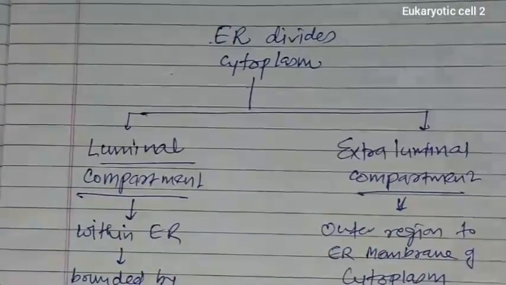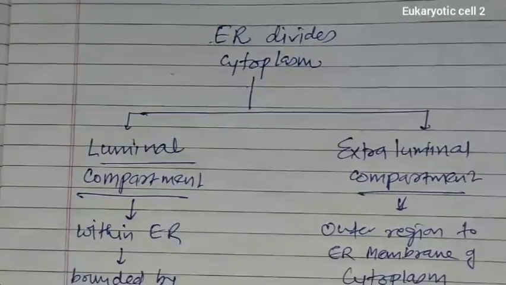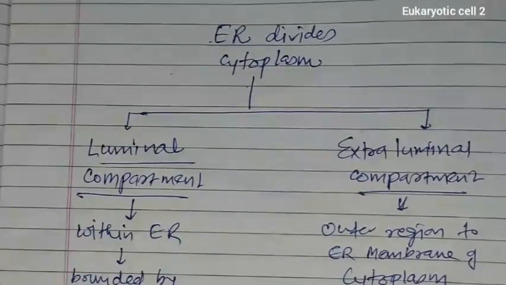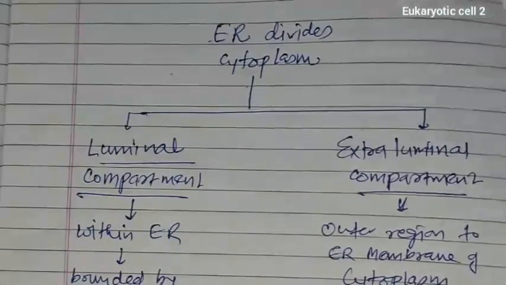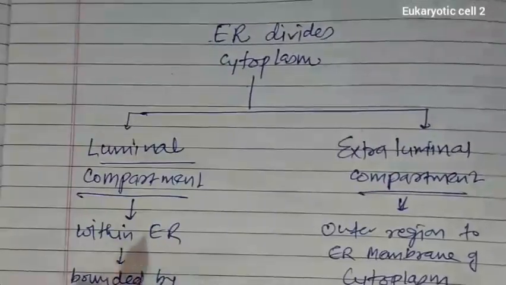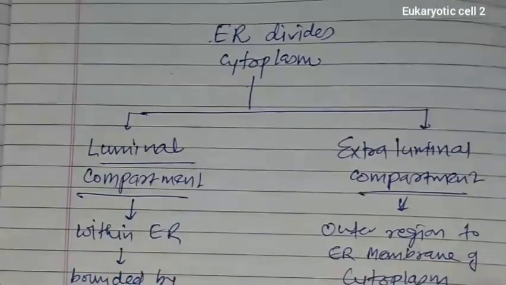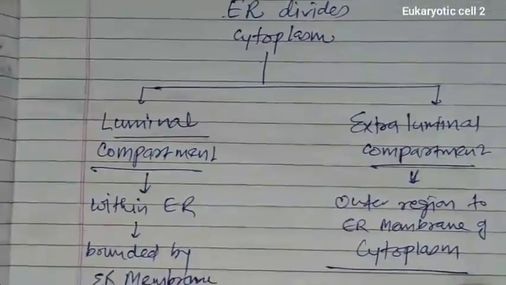So this way, this ER is divided into two parts, that is luminal and extraluminal compartment. Okay, the luminal is inside the ER and extraluminal is nothing but a cytoplasmic part which is outside the ER.